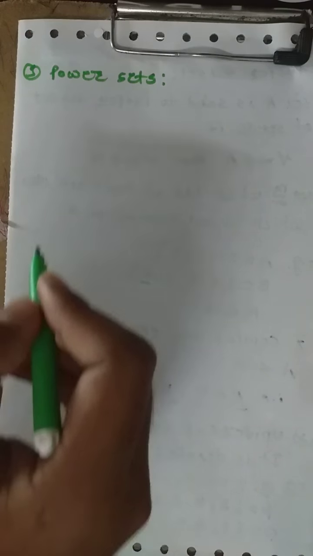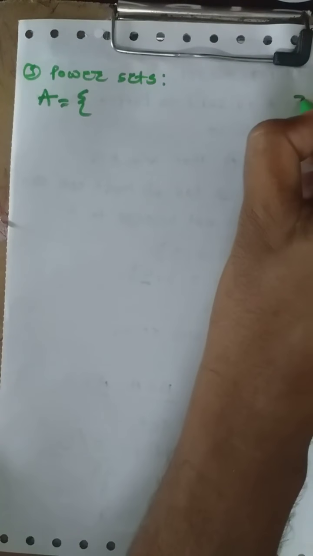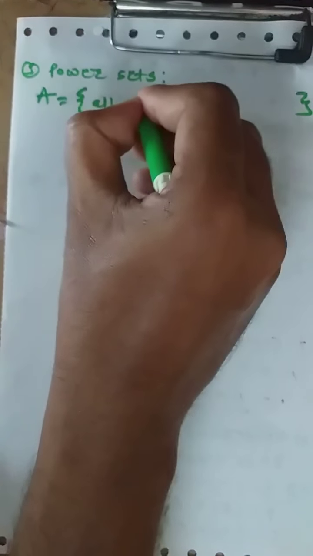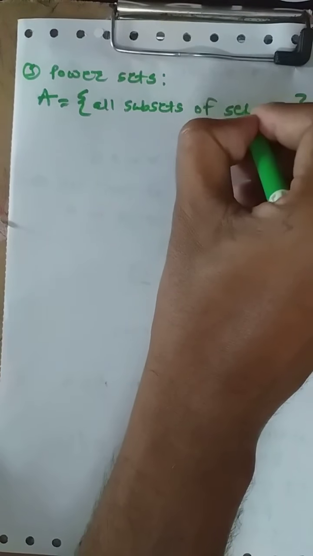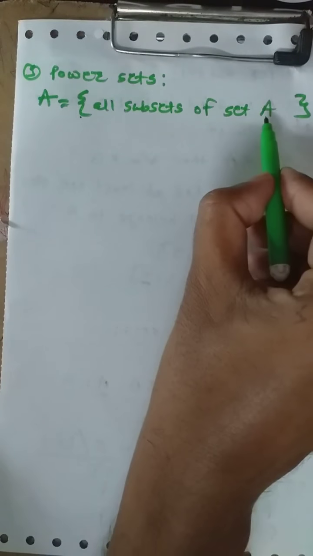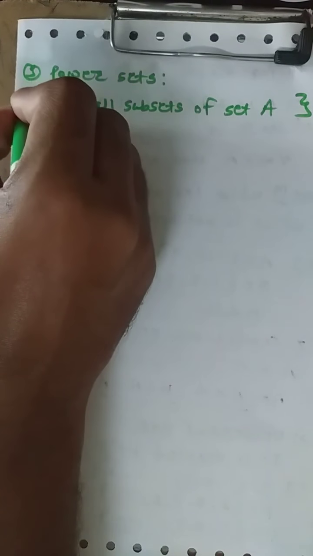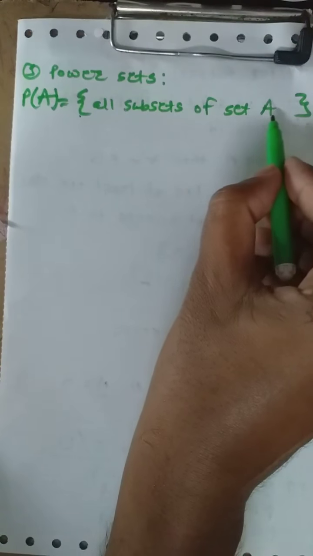A set of all subsets of a given set A is said to be the power set of A. So the power set is nothing but the set of all subsets of set A, and generally it is denoted by P of A.